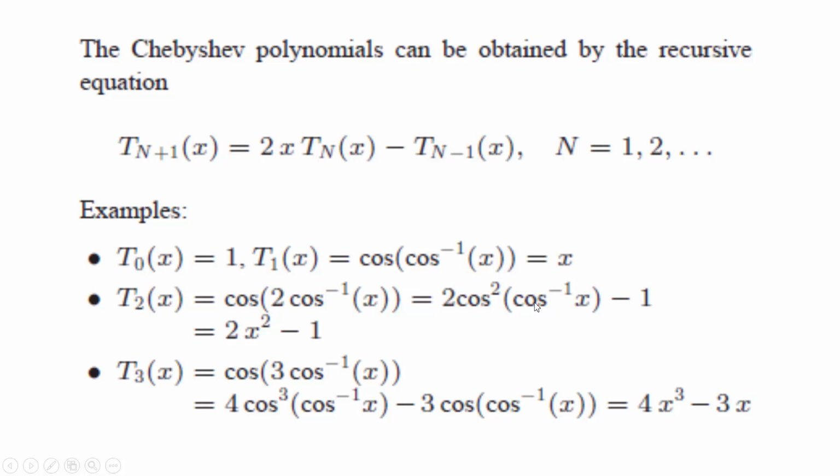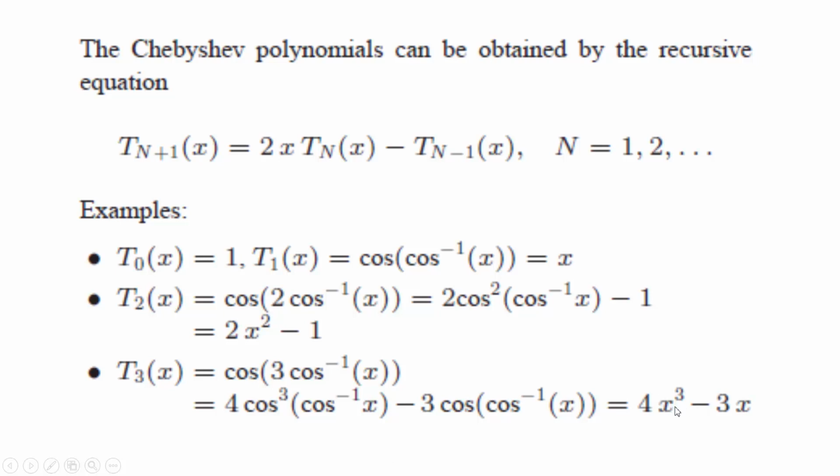If I substitute cos inverse x as theta, it is 2 cos square theta minus 1, and then we can return back to x only. So this will be 2x square minus 1 for capital N equal to 2. For capital N equal to 3, it will be cos of 3 cos inverse x. If you solve it further using the trigonometric equation, you will get 4x cube minus 3x.